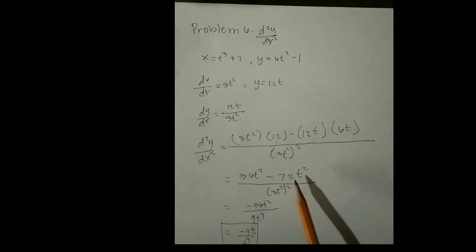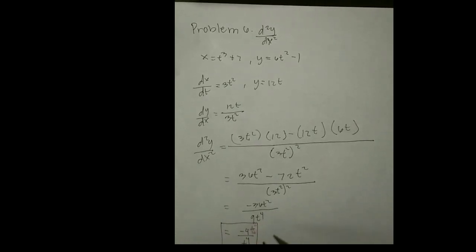So 9 divided by negative 36 is negative 4, and t squared over t to the power of 4. 9 divided by 9 is 1. So the final answer is negative 4t squared over t raised to the power of 4. That's the final answer of problem 6.